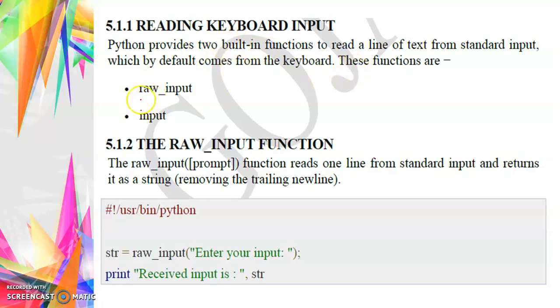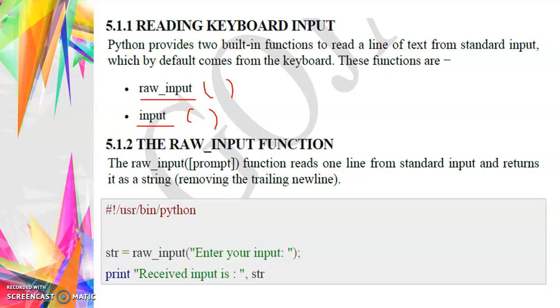If you give an input in your program, that input is read. These functions are raw_input and input. These are the two predefined functions in Python for reading keyboard input.